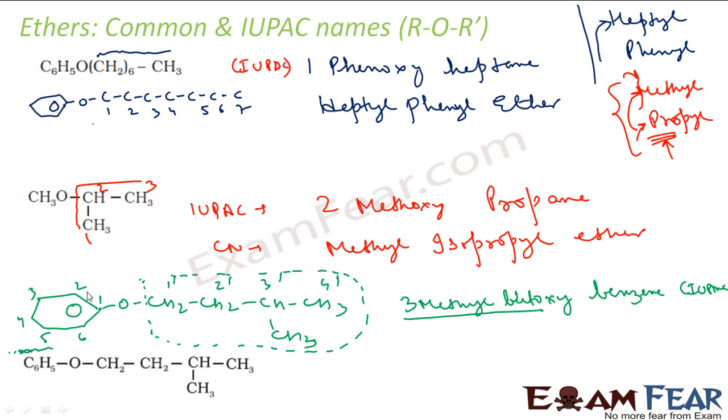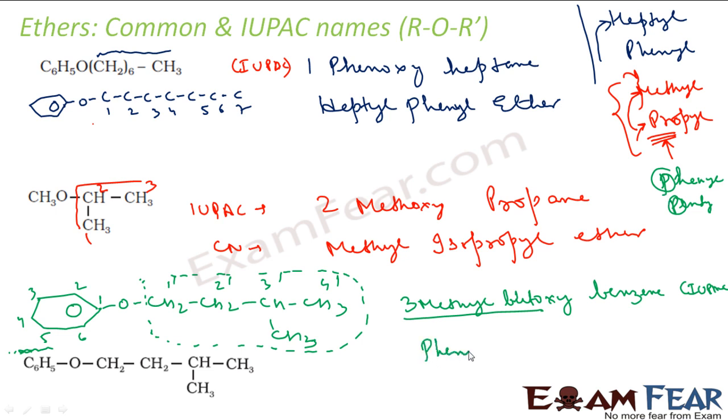Now let's see the common names. So this is a phenyl here, and this is my methylbutane, isopentyl. So this is phenyl, and this is pentyl. Both start with the same letter P. I can take any of these, doesn't matter.